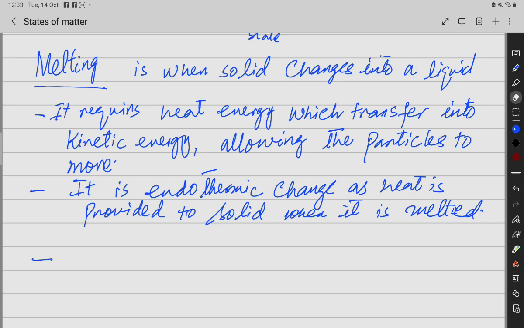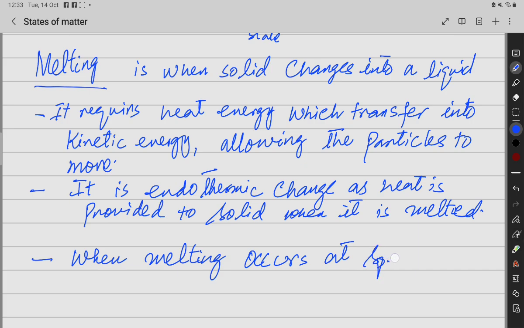Melting occurs at a specific temperature, known as the melting point.